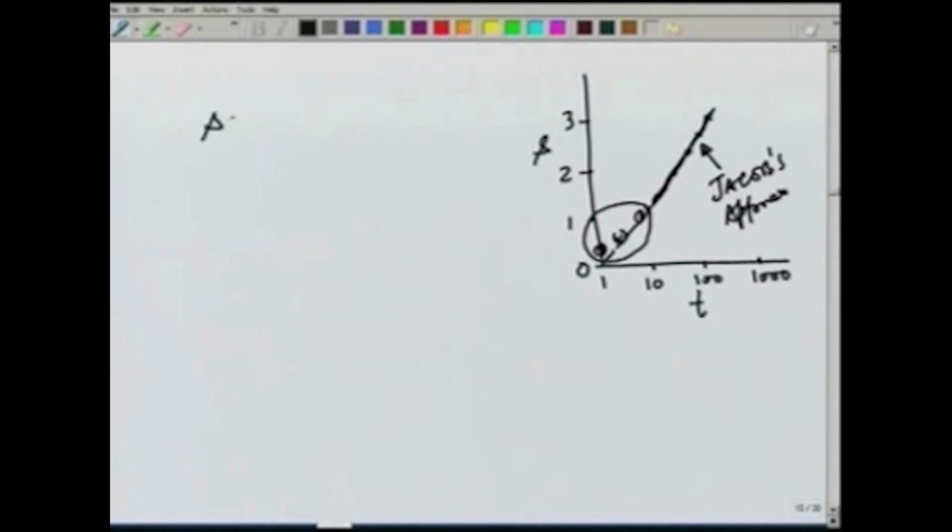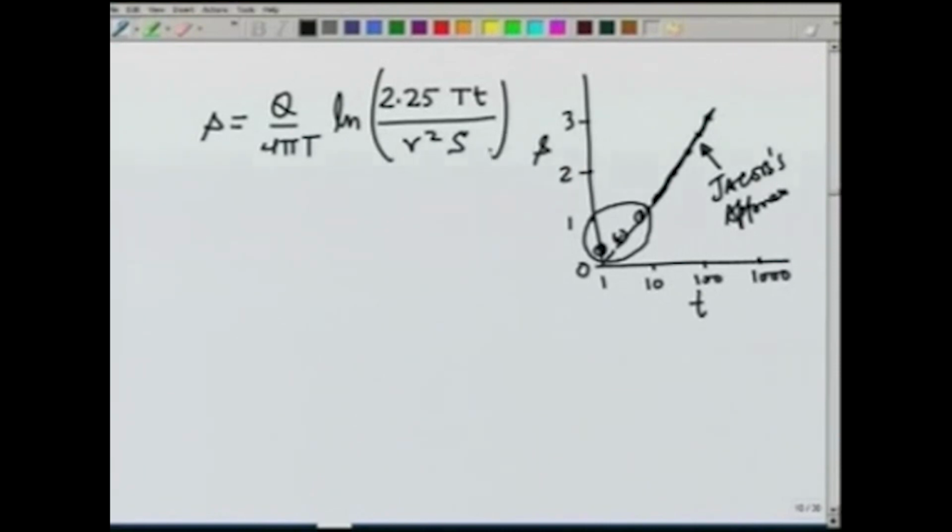So, let us write it again, the value of S in terms of ln t. Now, if we take the slope of this straight line, which is ds over d of ln t, it would give us q over 4 pi t.